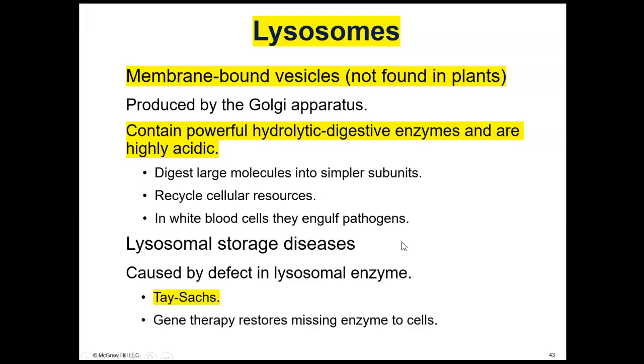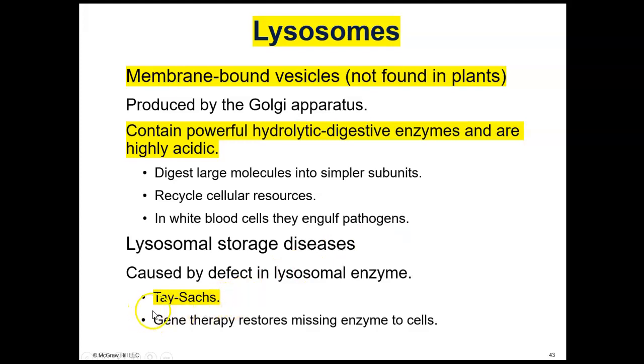But anyway, the lysosome basically has the enzymes inside of it that will break down and digest anything that is old or worn out or has something wrong with it. You know, it's faulty in some way. Or it's a pathogen, which means it's something that can cause disease.